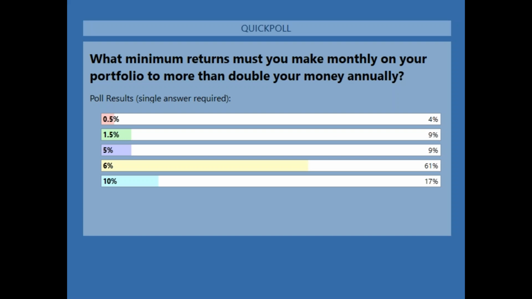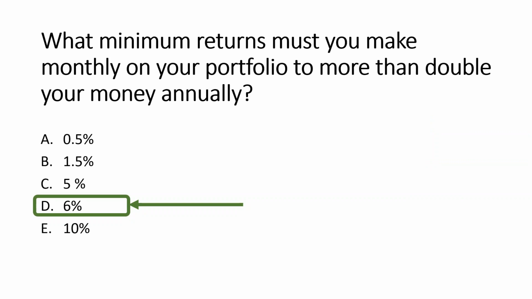So it looks like the majority of you that answered did remember, 61% of you saying that it was 6%, and that's exactly right. Now, just to let you know, we focus on 6% here at Trading Trainer, but the truth is right now our group is making between 10 and 16% per month.